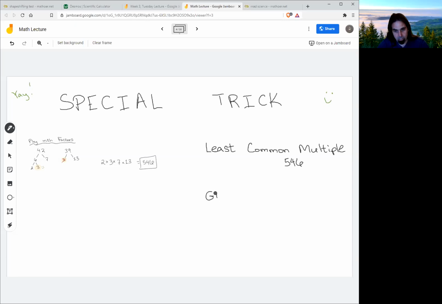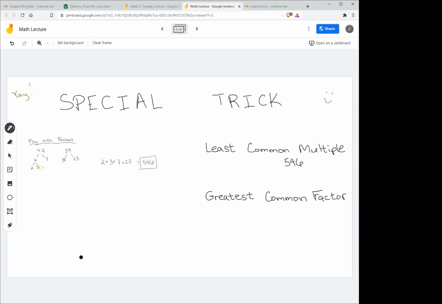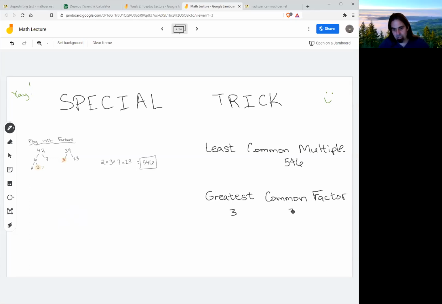We had a greatest common factor. We haven't talked too much about those because this is the only time you care. What was the greatest common factor of the two numbers? 3. It was everything that we highlight. In this case, it was only a 3. One of them we kept, the other we decided to hide and get rid of.